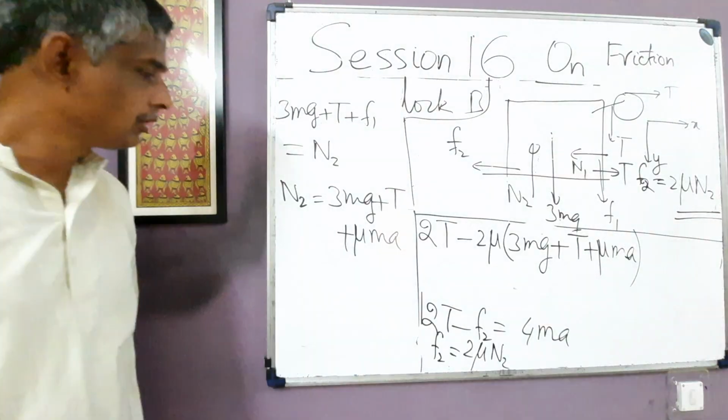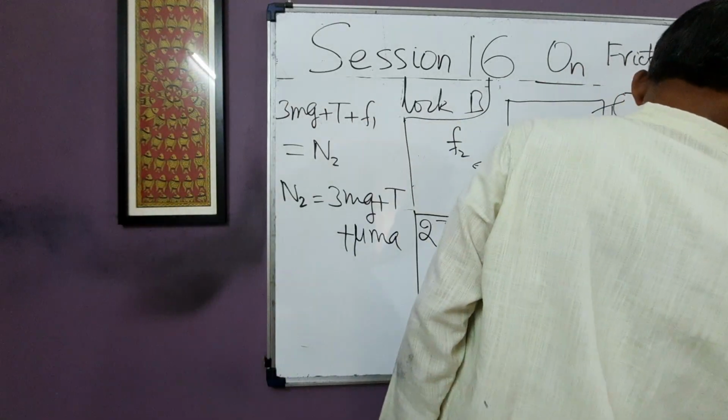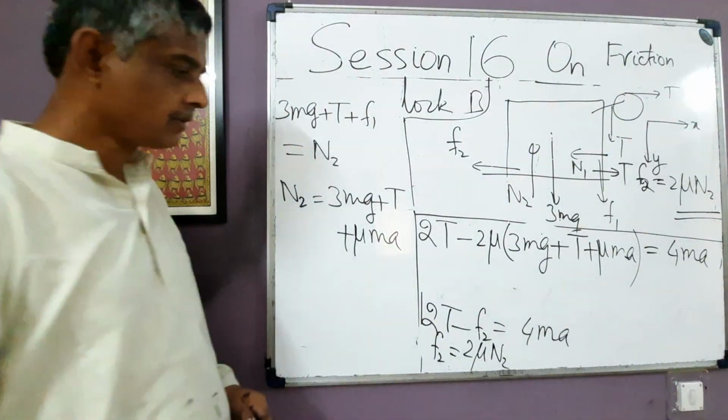So 2T minus 2 mu into (3mg plus T plus mu ma) is equal to 4ma.